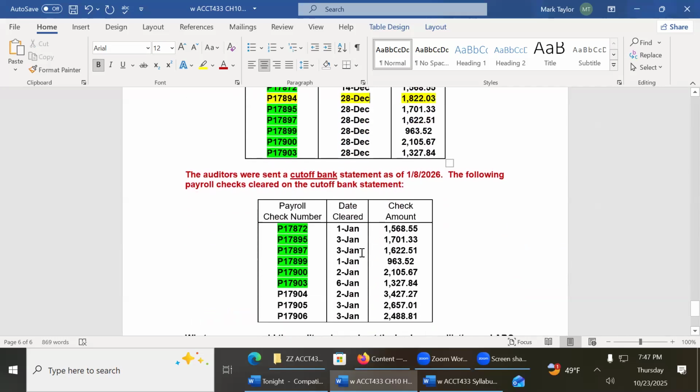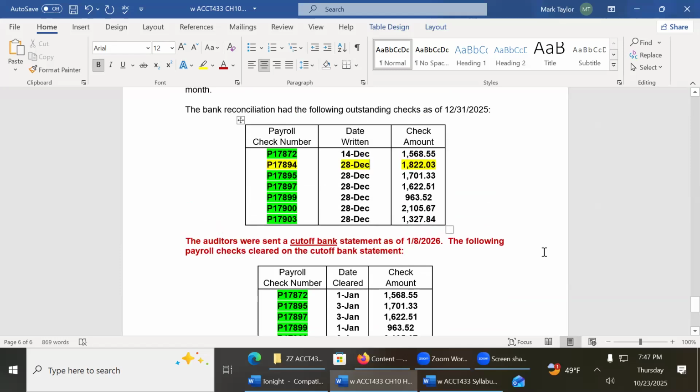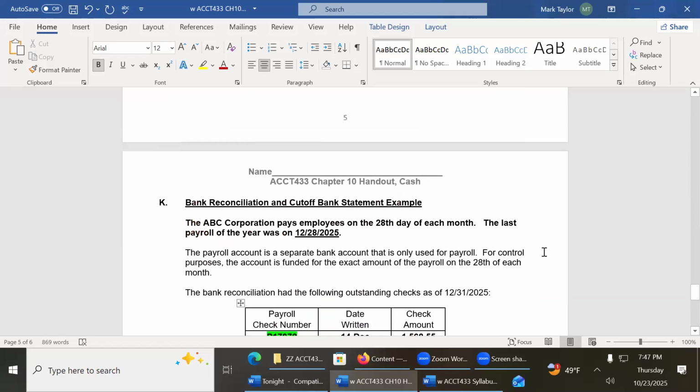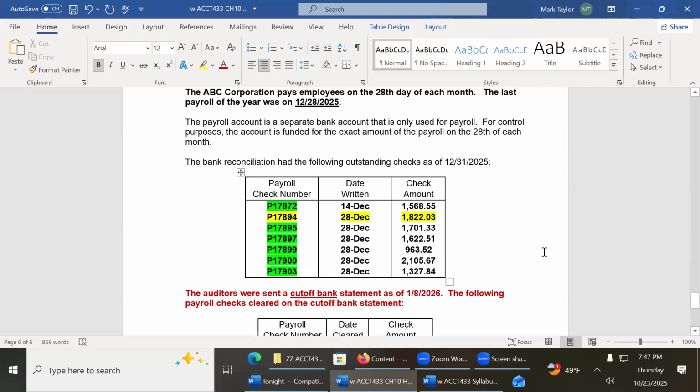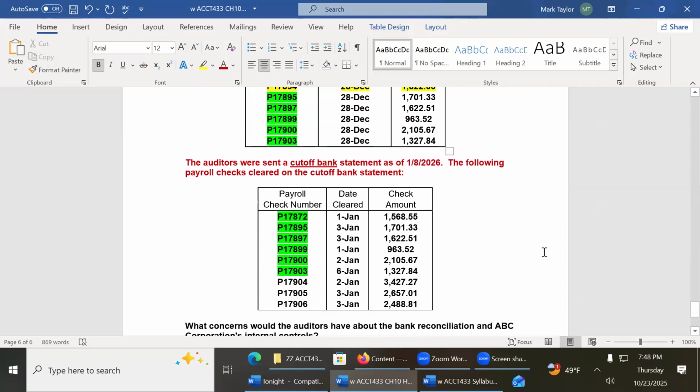There's actually a couple more problems that we see here, though. What are they? There are 3 extra checks that cleared that should have cleared earlier.